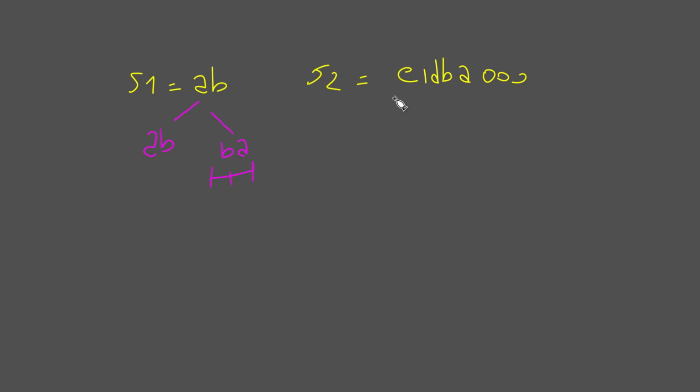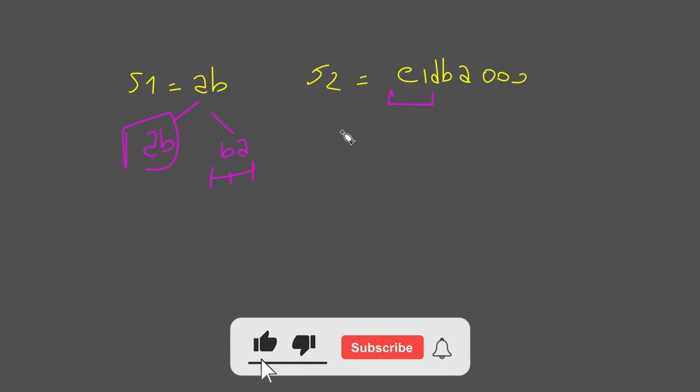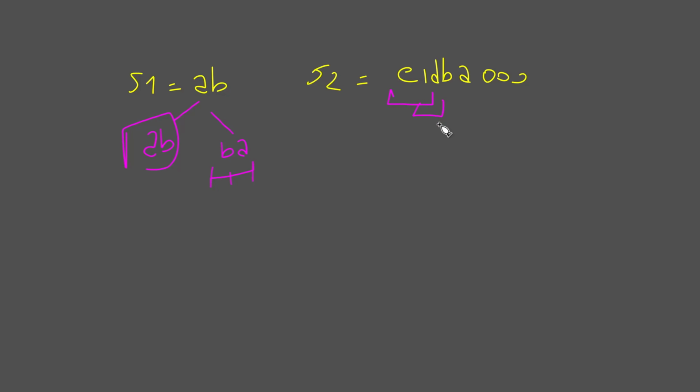So we're going to take our window and start here. We're going to check, is this string within the window a permutation of one of these? If it is, we're going to return true. If it's not, we're going to move the window by 1. Then we're going to check this one, id. Then we're going to check db.